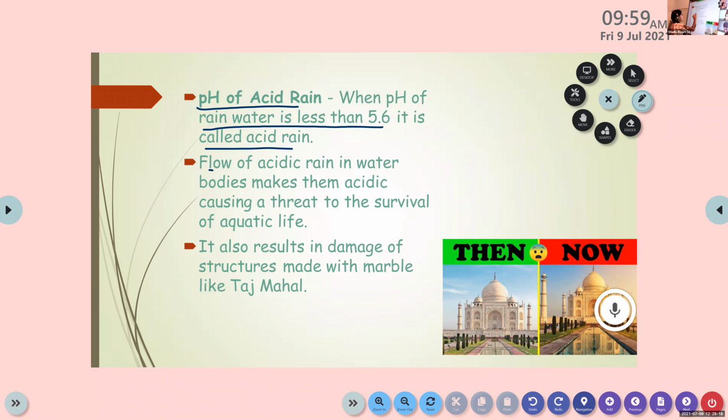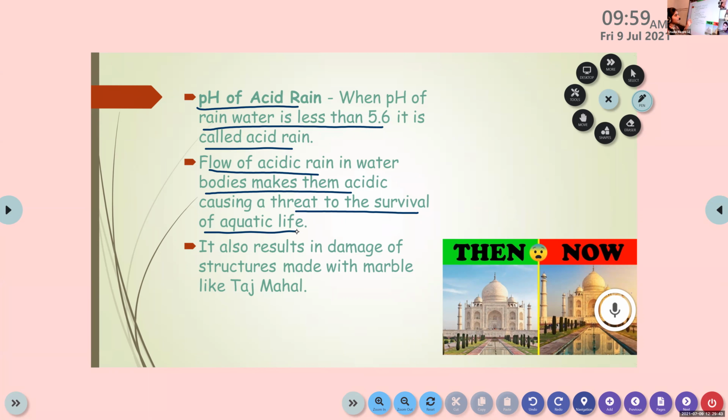This flow of acidic rain in water bodies makes them acidic, causing a threat to the survival of aquatic life. The acid rain finally reaches water sources, rivers, ponds, lakes, etc. There are certain living organisms there, both plants and animals, so acid rain will cause a threat to their life.